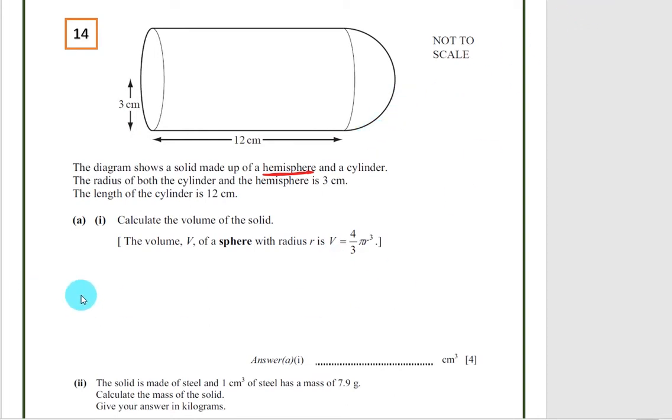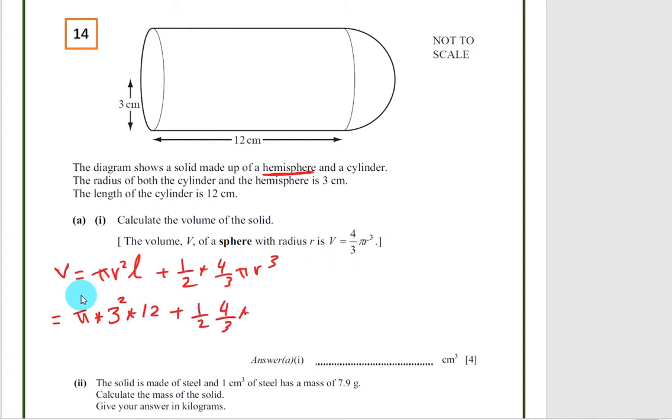So the volume is equal to pi r squared L, which is the cylinder, plus half of 4/3 pi r cube, which is the hemisphere. So it will be pi by 3 squared by 12 plus half by 4/3 by 3 cube.